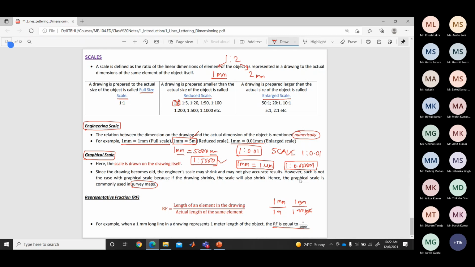So these scalings are required when we have complex objects, very small objects, micro scale, or very large objects, buildings or infrastructures. So we are not going into that much detail. So this is all about the basics.